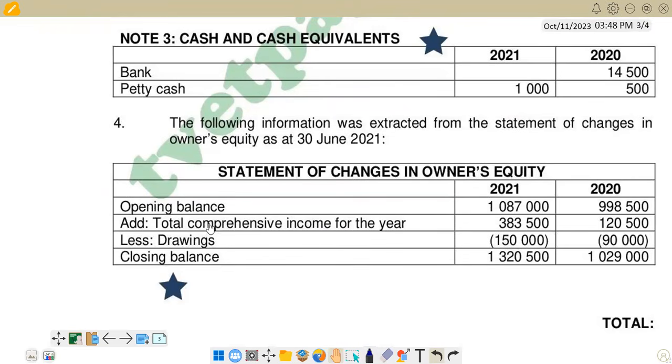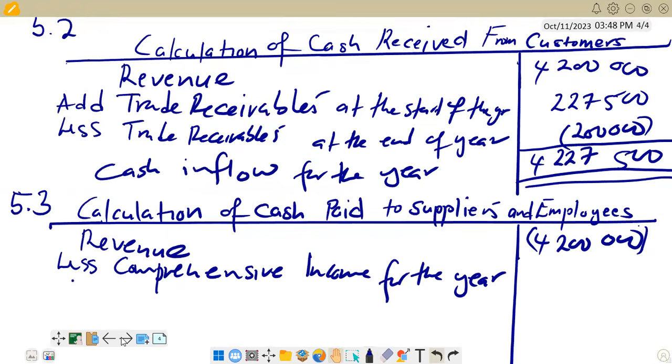Remember, we are preparing this statement of cash flow for the year ending 2021. So the comprehensive income for the year that we are going to check there, this one is for the previous year, 120,500. The one we are concerned with is 383,500 for the current year. When we go back here, we have got 383,500.